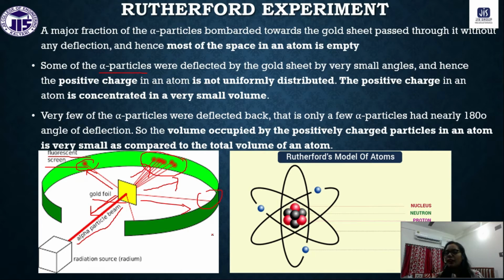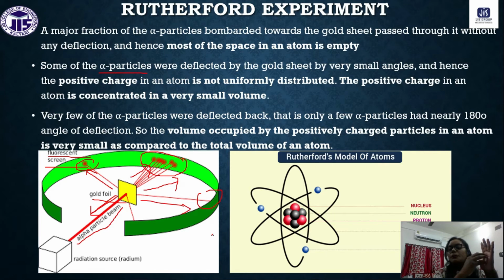I'm repeating again: according to the Rutherford experiment, we can conclude that most of the space of the atom is vacant. Second, at the center of the atom we have positive charge and all the mass is at the center of the atom.